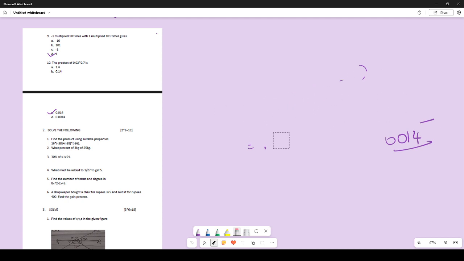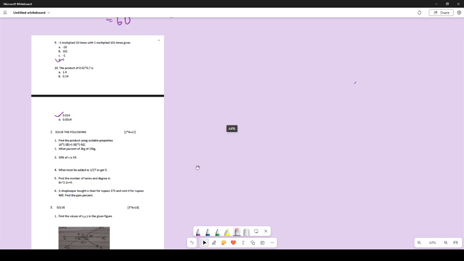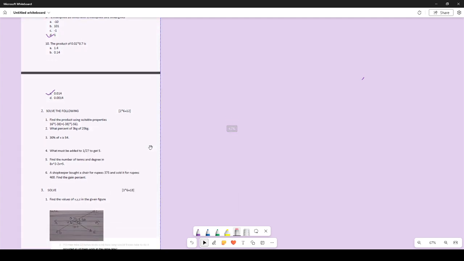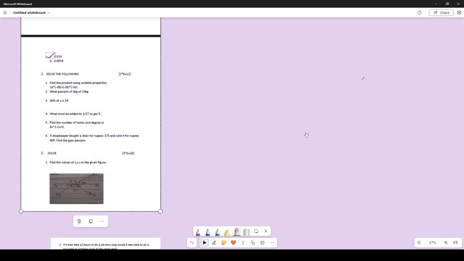Okay, so for the other questions, these were now the 2 mark questions. So the first question which came up over here was, find the product using suitable properties. Now what are you supposed to do over here?